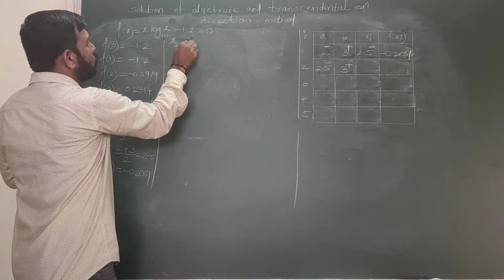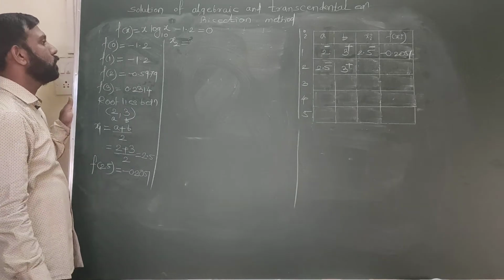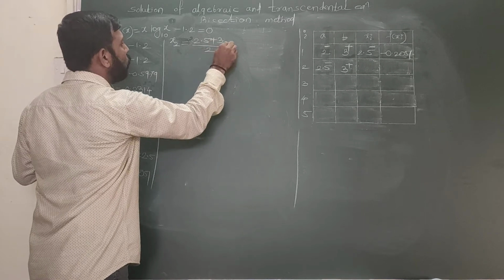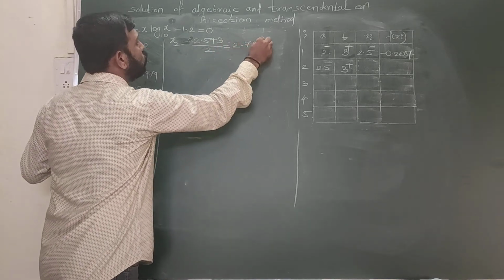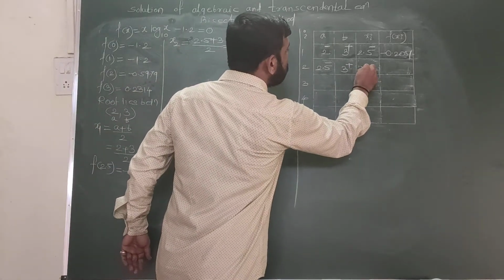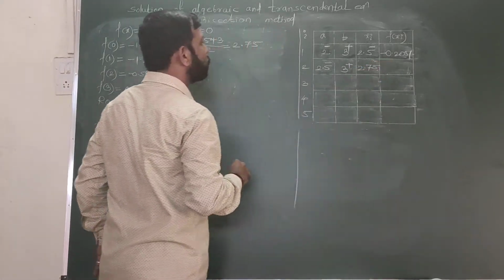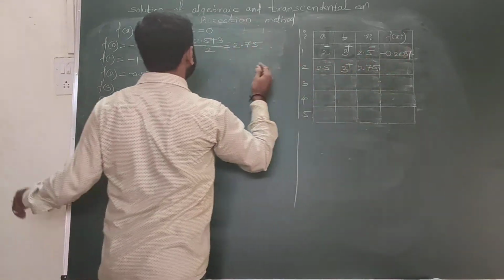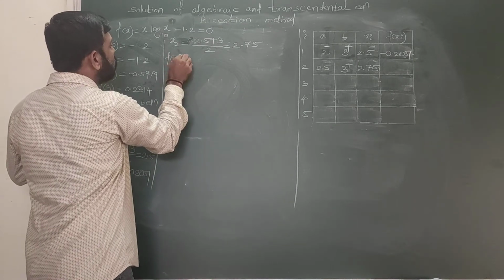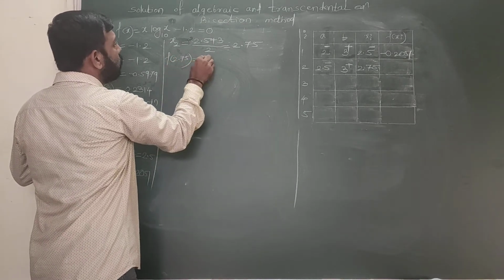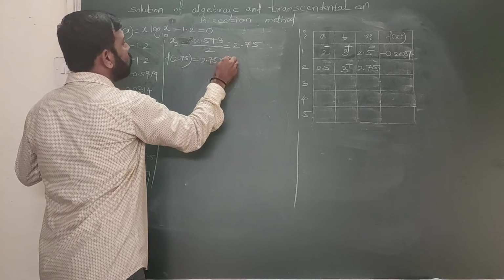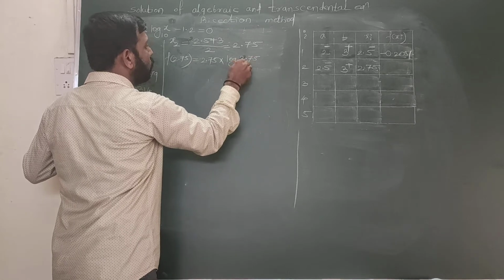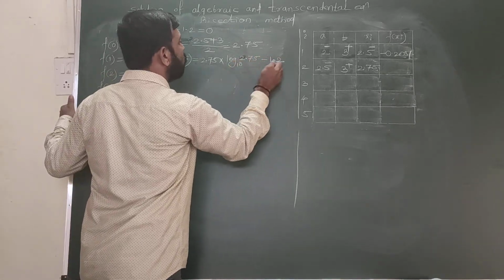Now next, x2, the second approximation. So a value plus b value upon 2, and the answer is 2.75. Again, to find the symbol for 2.75, substitute this in the function: f of 2.75 equals 2.75 into log of 2.75 to the base 10 minus 1.2.